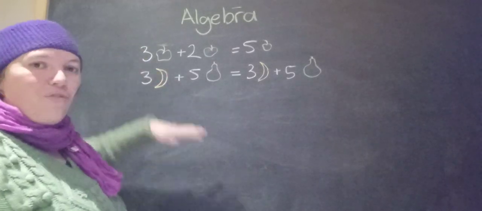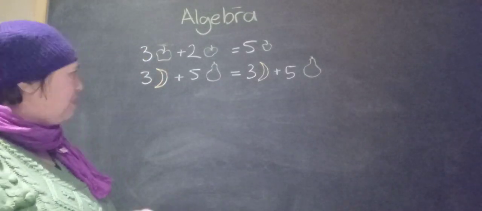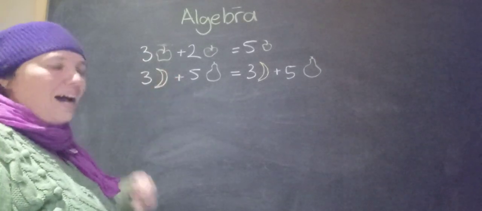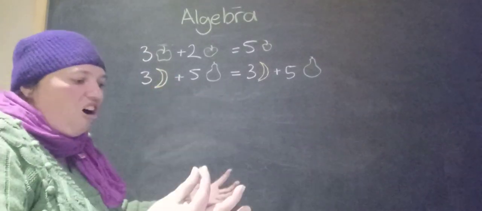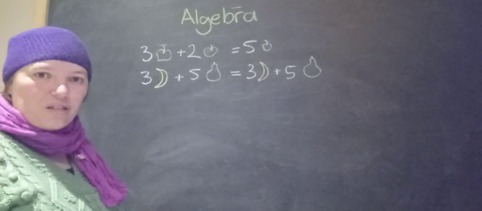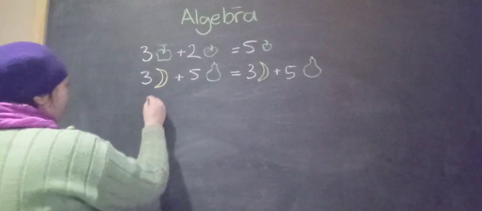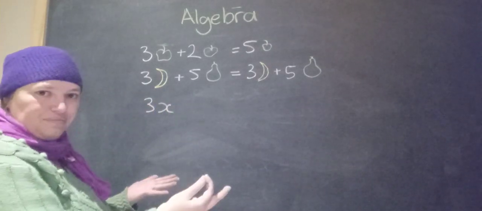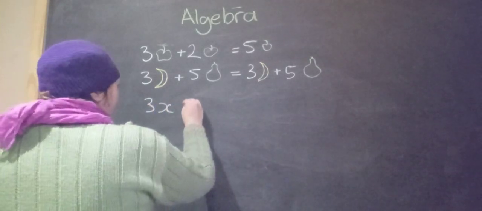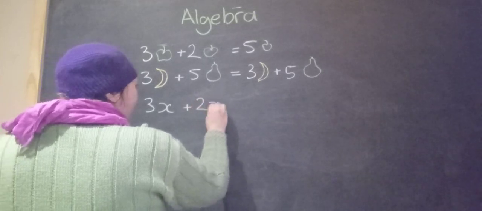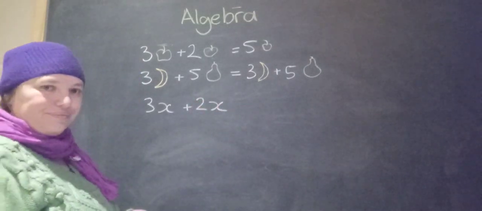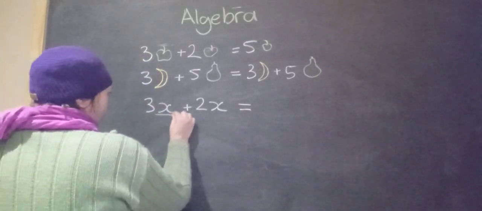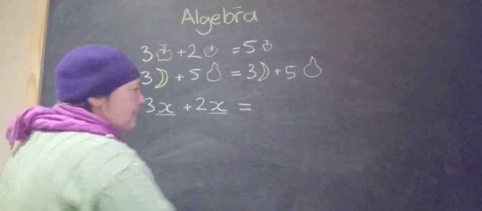Now we're bringing in variables. So a variable is basically, here we had apples. But now I'm saying, I have a box and I have no idea what's in this box. So I've got 3 of this stuff. And I've got 2 of the same stuff. And because they are the same, we can add them.